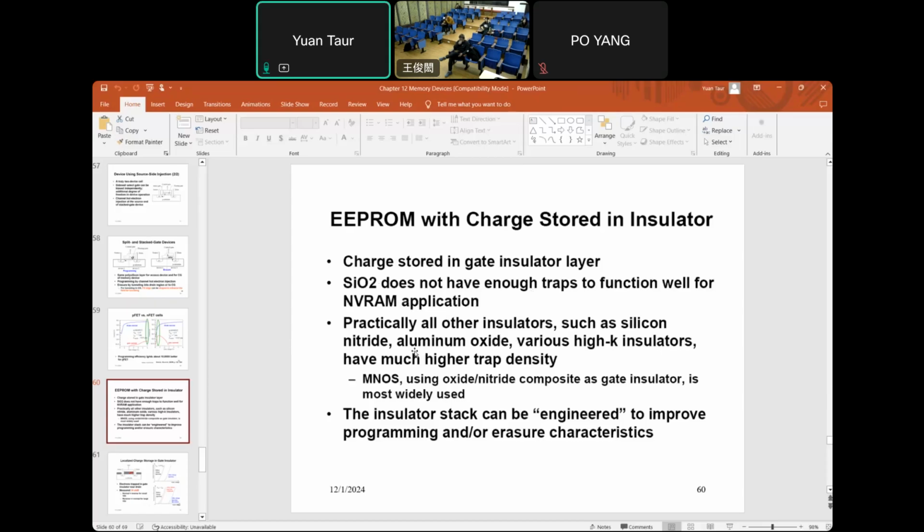So we have to use something else. For example, silicon nitride, aluminum oxide, almost anything else can have a much higher trap density than SiO2. Furthermore, we can engineer this insulator stack, okay, to improve program and erasure characteristics.